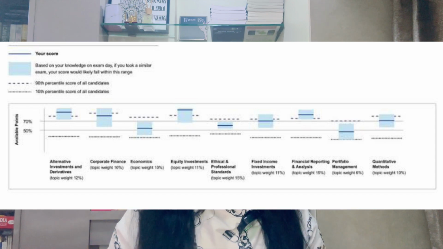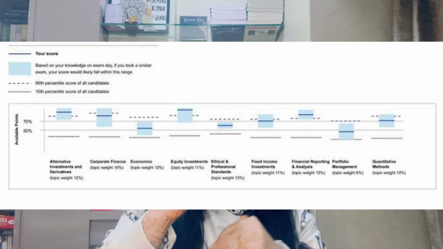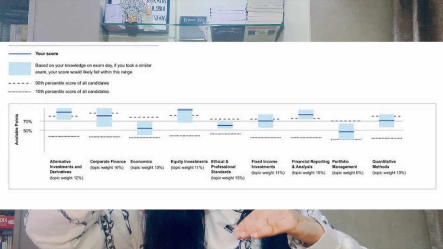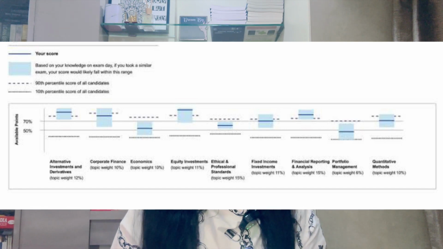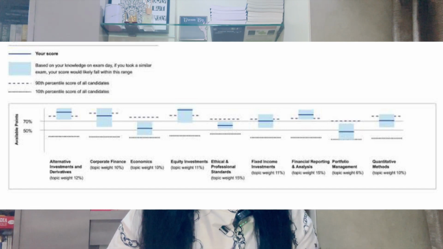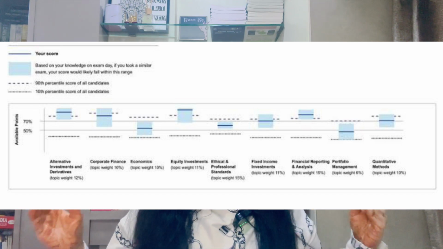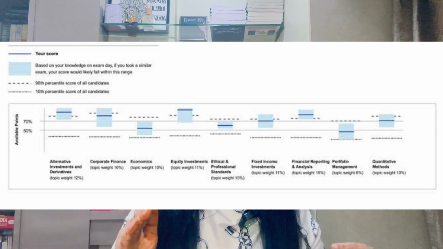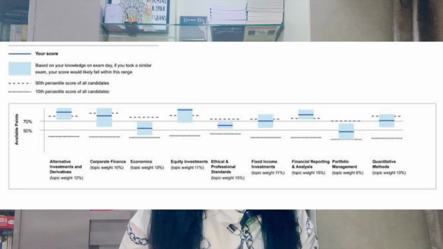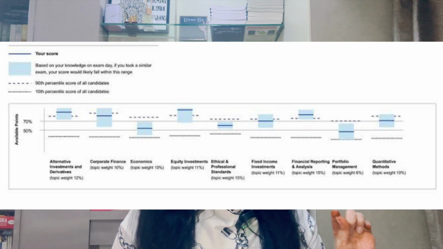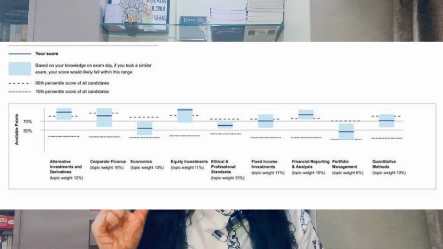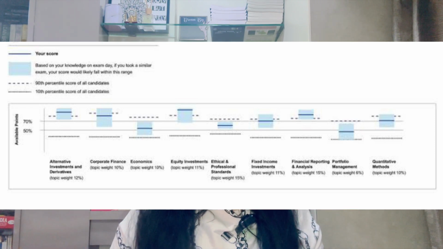Now, in this you will also see a blue box per subject, right? That's a shaded figure. It basically means that, based on the exam questions and your performance, the CFA Institute gives you an analysis that if by chance the questions would have been a little bit different, or maybe your mood would have been a little bit different, they take all factors into consideration.